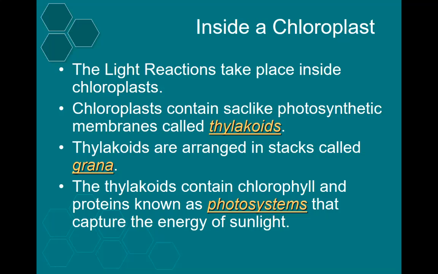The chloroplasts contain these little sac-like photosynthetic membranes called thylakoids, and these thylakoids are arranged in stacks called grana. The thylakoids contain chlorophyll and proteins known as photosystems. Okay, and these photosystems, which contain the chlorophyll, are where the actual capture of energy happens. This is where the sunlight comes in.